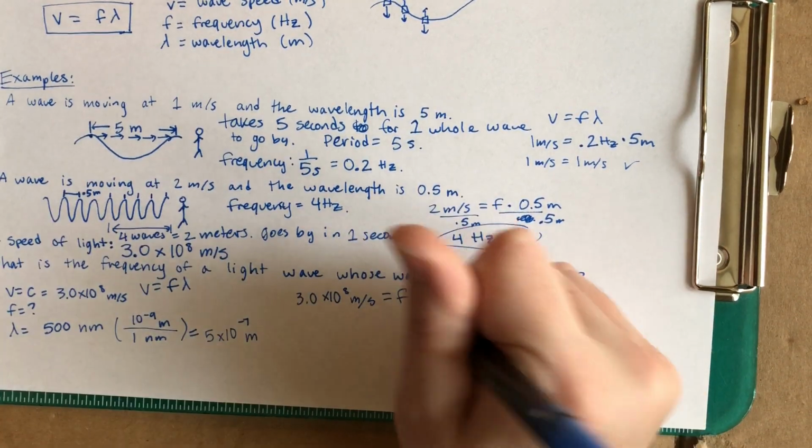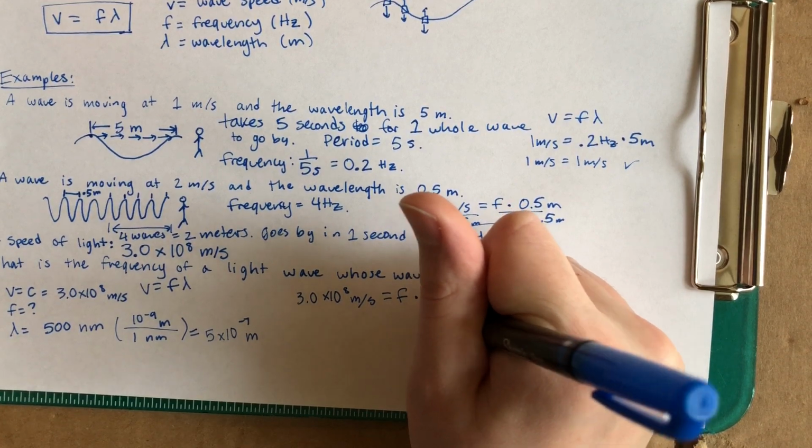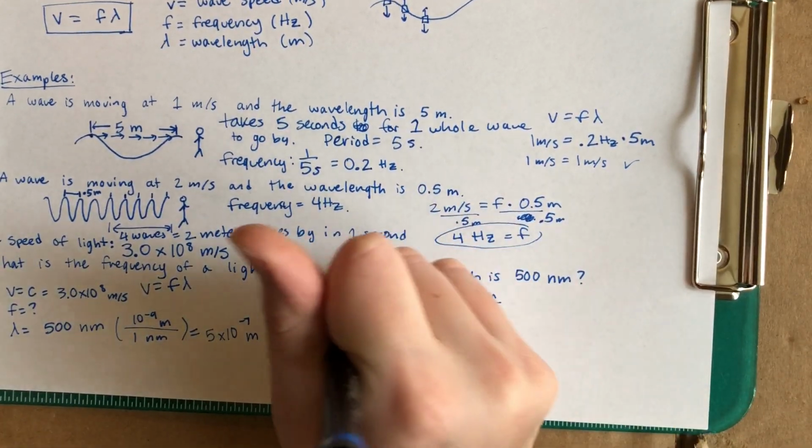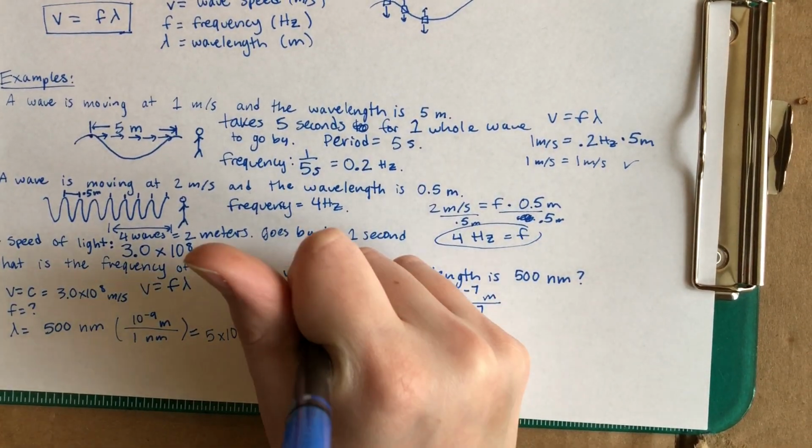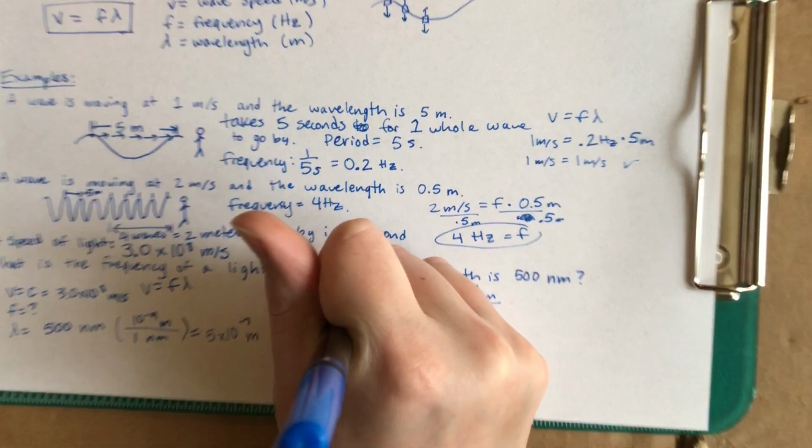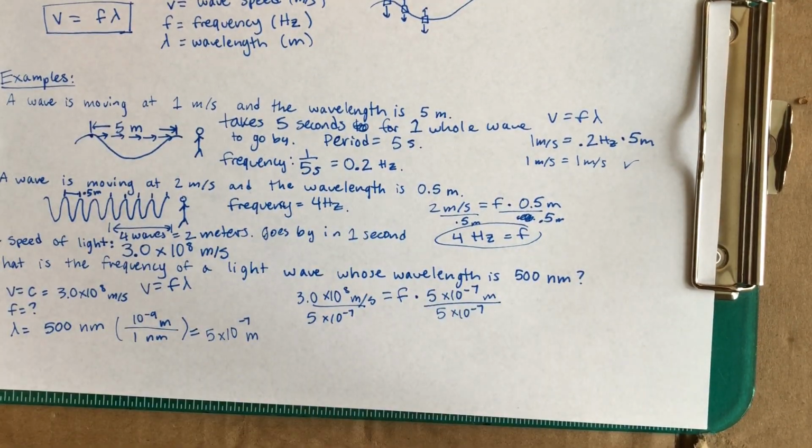Divide both sides by the wavelength here. And remember, the answer should be in hertz. This would be 0.6 times 10 to the 15th.